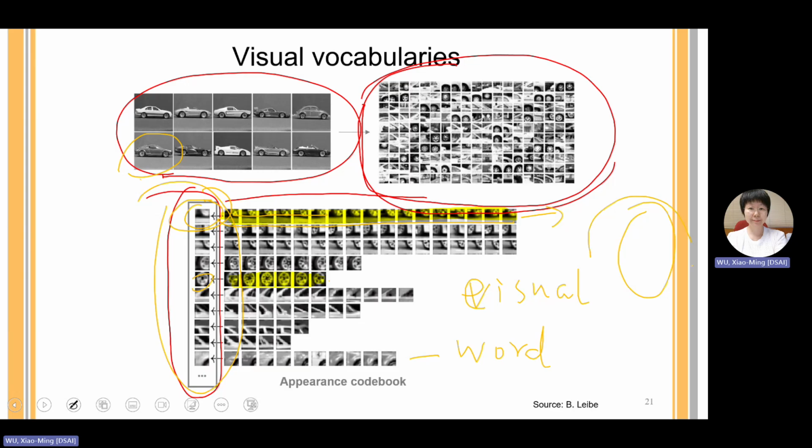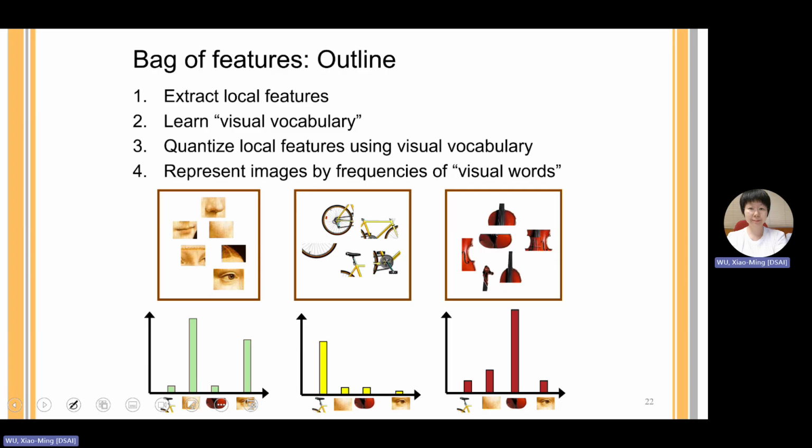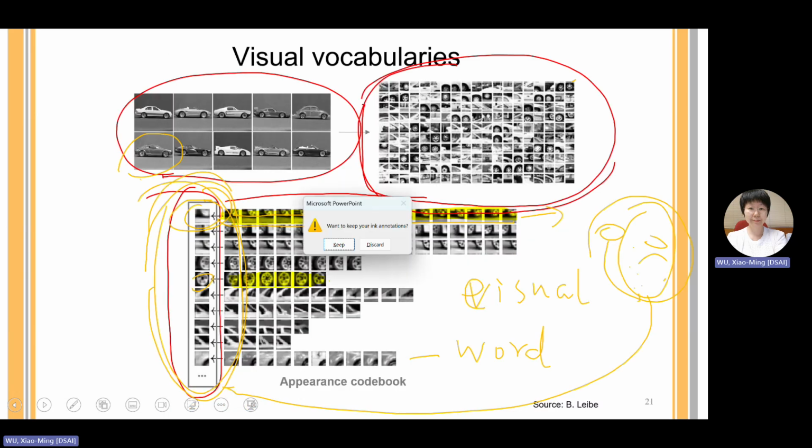Given an image, we extract some patches, and we look at the relationship between the extracted patches and the visual words. Here is an example. First of all, we learn a visual vocabulary like this.